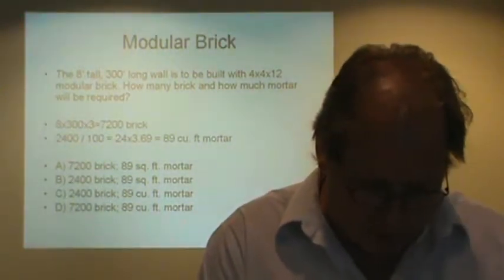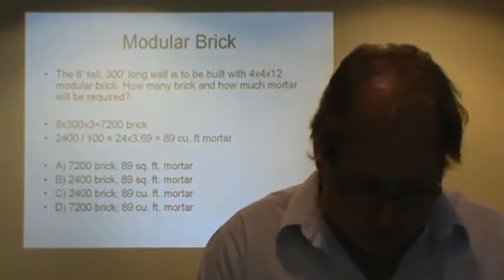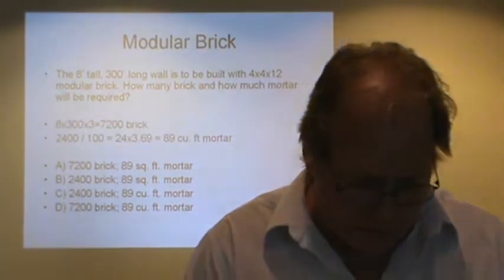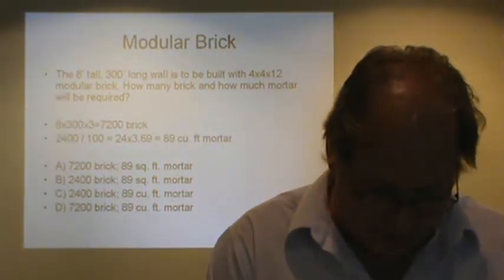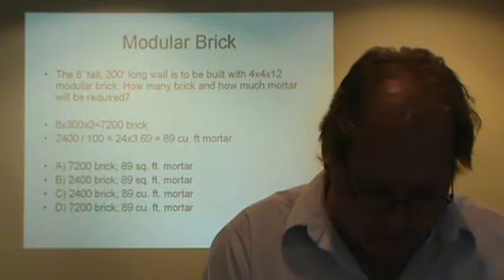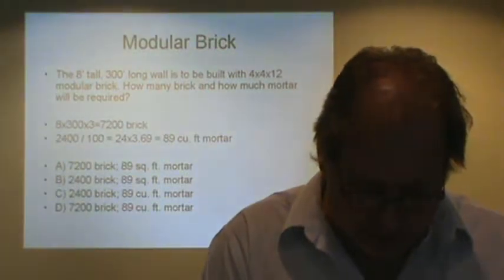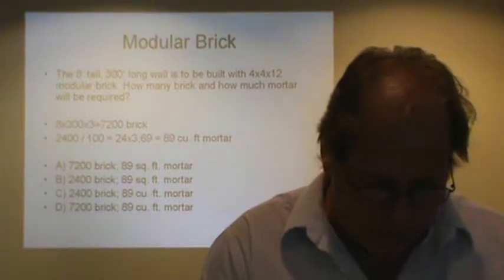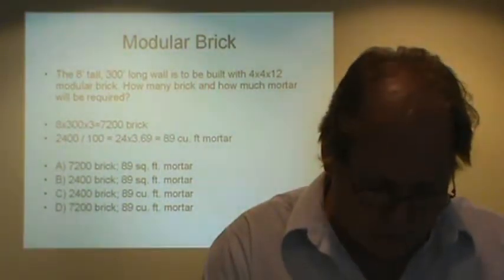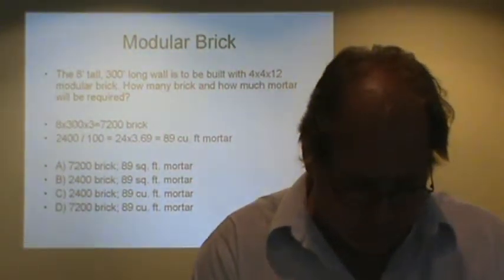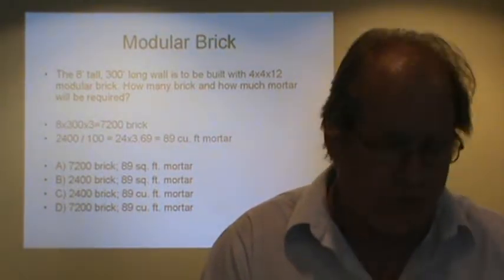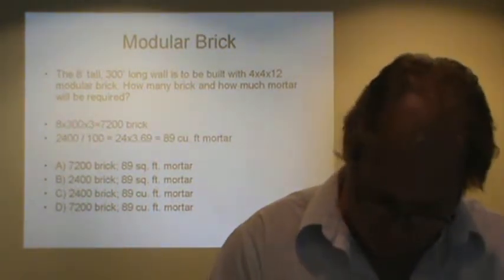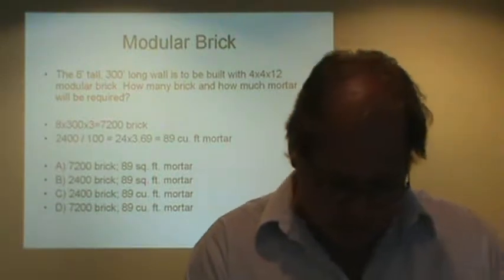In place of the usual header courses, the inner and outer widths of a cavity wall are connected by rust-proof metal ties. They're usually 3/16 of an inch in diameter, square on the end. They're Z-bars. We're going to place them in every 6th course and 3 foot on center horizontally. There you go.